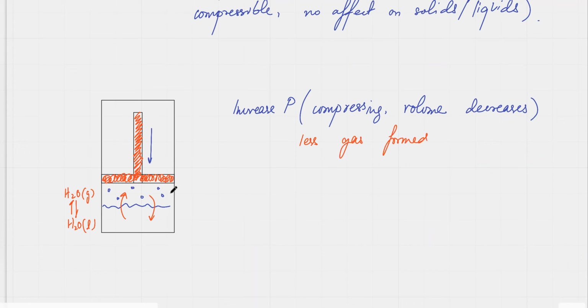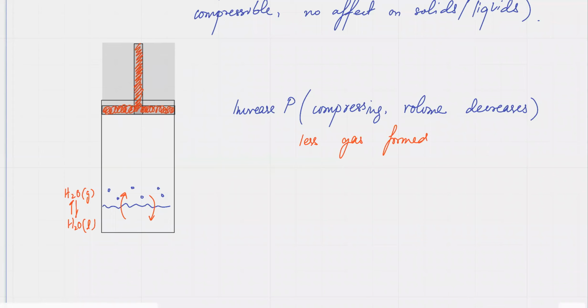अच्छा, vice versa if I decrease pressure का क्या मतलब है? I'm going to move the piston upwards. That is what decreasing the pressure is. कि piston को ना ऊपर की तरफ मूव करना शुरू कर दो, तब इसका मतलब है कि I'm decreasing the pressure, right?